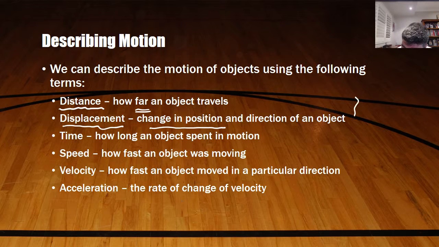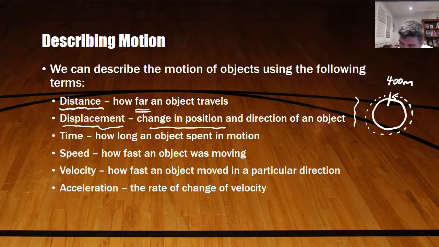The difference between distance and displacement is probably easiest to see if you think about a circular running track. If this circular running track is a 400-meter track, then if you were to run around this track once, you would have covered a distance of 400 meters. But if you came back to the place you started from, your displacement would actually be equal to 0.